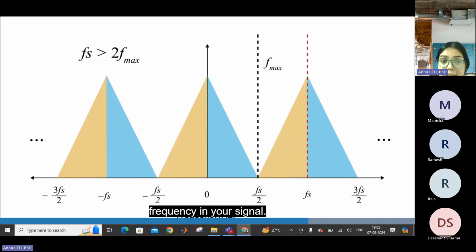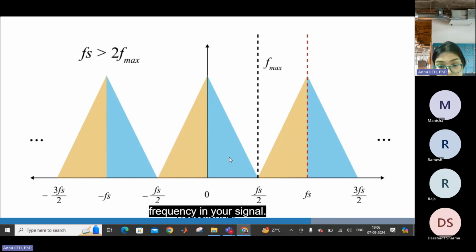So the sampling should be done in such a way that fs is not less than or equal to 2 f max, otherwise you will have the collapsing. So we need fs greater than or equal to 2 f max. In that case there will be no loss in the Fourier transform of your signal.